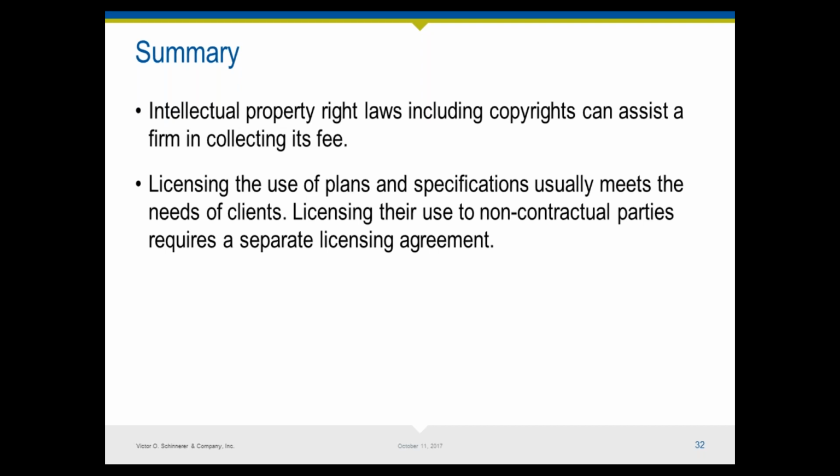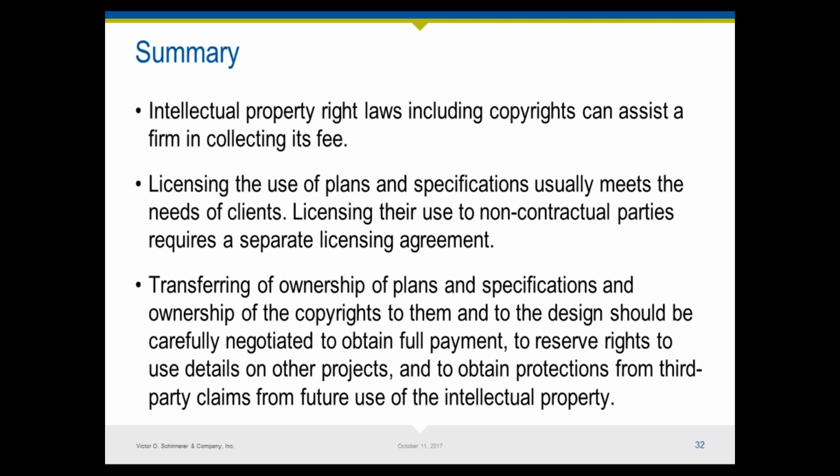You can license the use of your instruments of service to non-contractual parties through a separate licensing agreement. You can transfer the ownership of the plans and specifications and the ownership of the copyright and to the design, but you have to carefully negotiate that to obtain full payment, right?